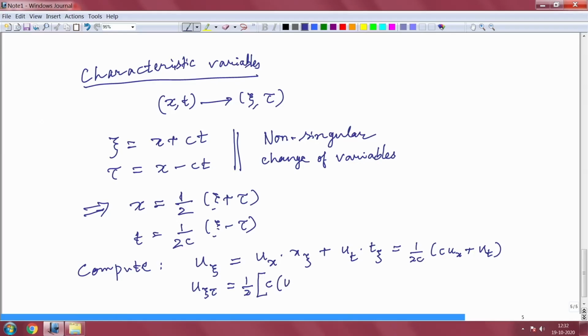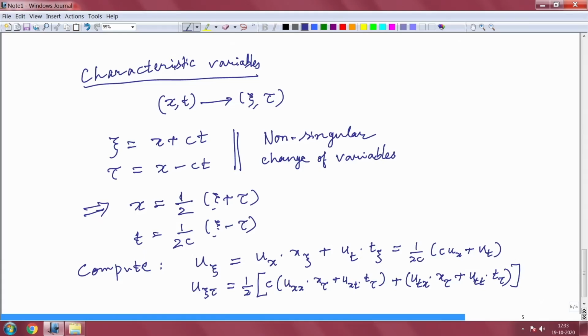For that I again use implicit differentiation: u x x times x tau plus u x t times t tau, and similarly for u t. Now x tau is again half, but t tau is minus 1 by 2c.